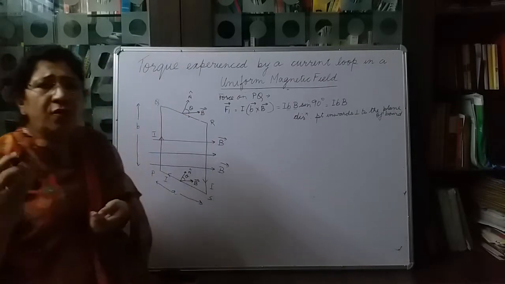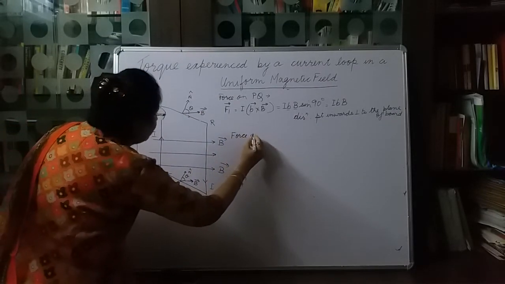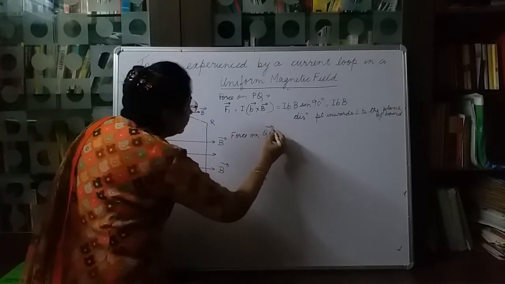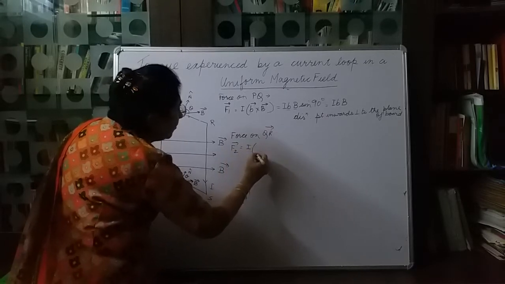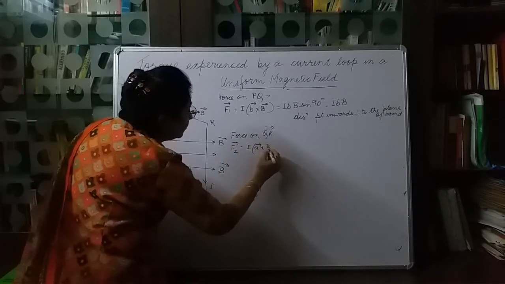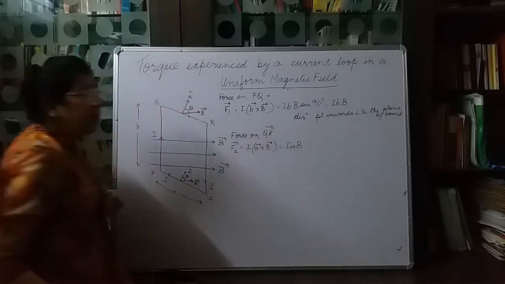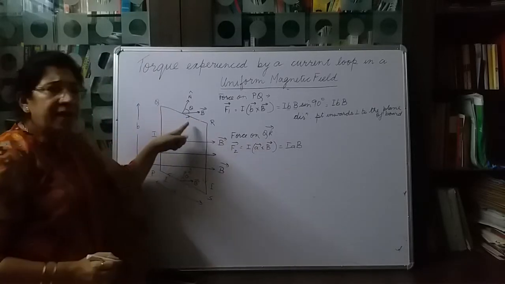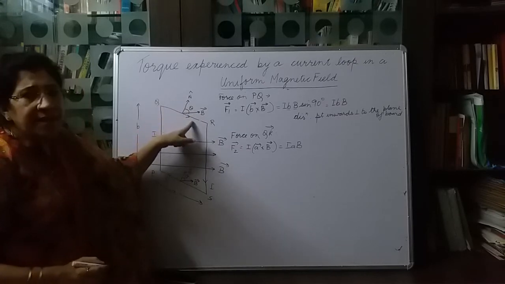Let us find the force on the second wire, which is QR. F2 would be I a cross B. Here the angle between a and B, a is the current direction, current element, and B, it would be 90 minus theta.